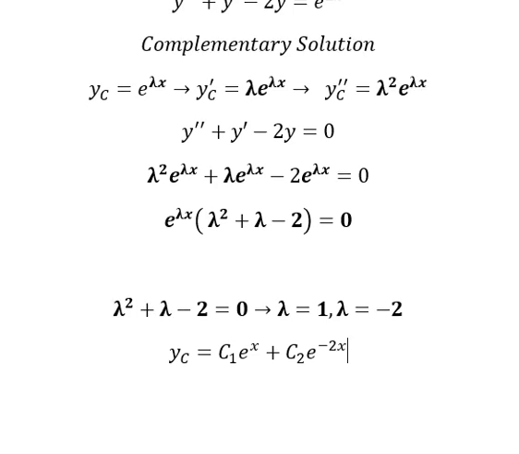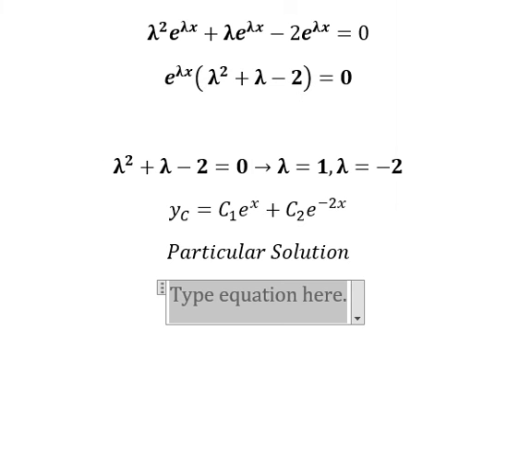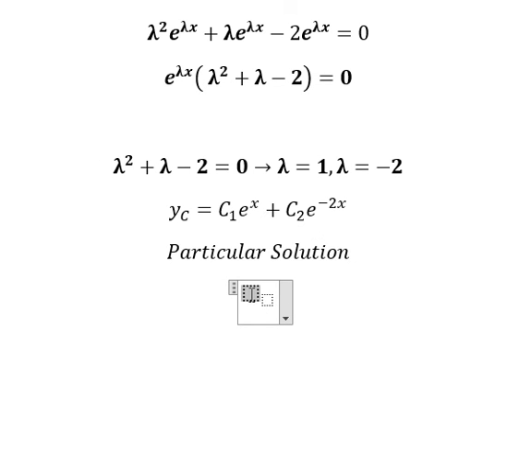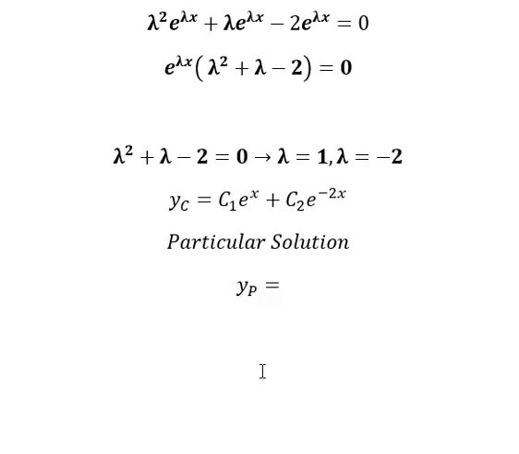Now let's go to the particular solution. So we put yp. If we go back here, we have e to the power of 2s, so we can put a e to the power of 2s.